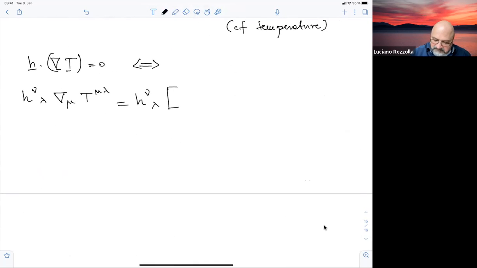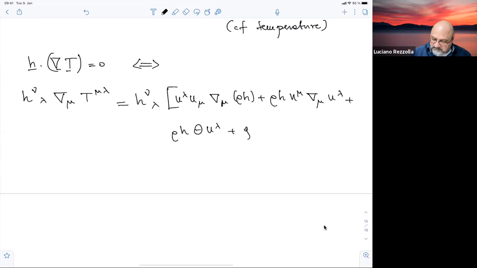And so we will have u^λ u^μ ∇_μ(ρh) + ρh u^μ ∇_μ u^λ + ρh θ u^λ + g^λμ ∇_μ p. And this is very easy now to compute because if you remember, h·u is equal to 0.